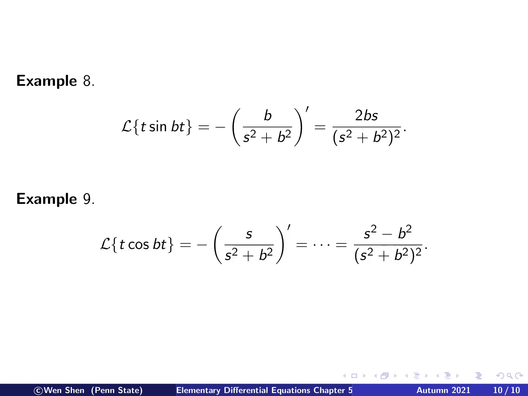And then very similarly, we can find the Laplace transform of t times cosine bt by simply computing the derivative of the Laplace transform of cosine, which is s over s squared plus b squared. This differentiation takes a little bit more work, so I skip the detail. I assume we can all do that, and in the end you will get this expression.